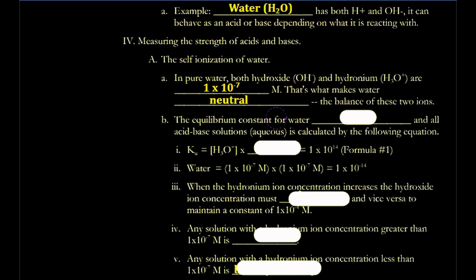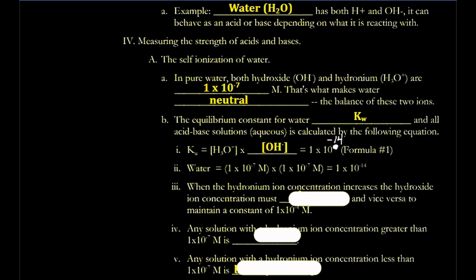The equilibrium constant for water, Kw, in all acid-base solutions is calculated by the following equation. Kw equals hydronium concentration times the hydroxide concentration equals 1 times 10 to the negative 14th.